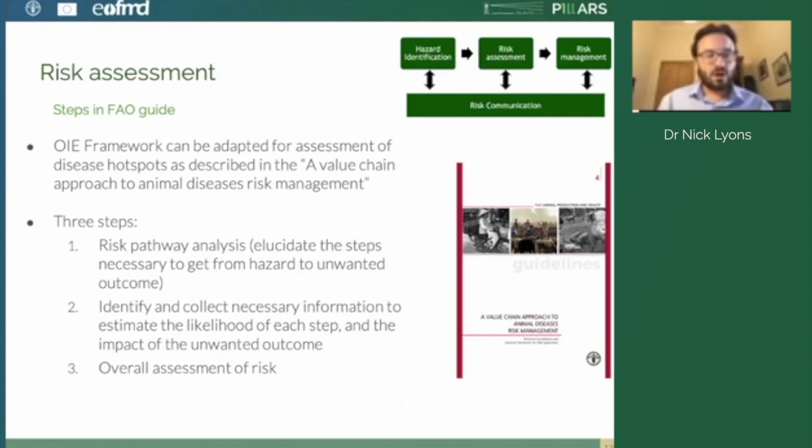The guide describes 3 different steps to apply that risk analysis framework. These steps are to do a risk pathway analysis, where you look at the different steps that are necessary to get from a hazard to the unwanted outcome. Through doing this, you identify and collect the necessary information to estimate the likelihood of each step and the impact of the unwanted outcome. And again, this comes together to give you your overall assessment of risk.